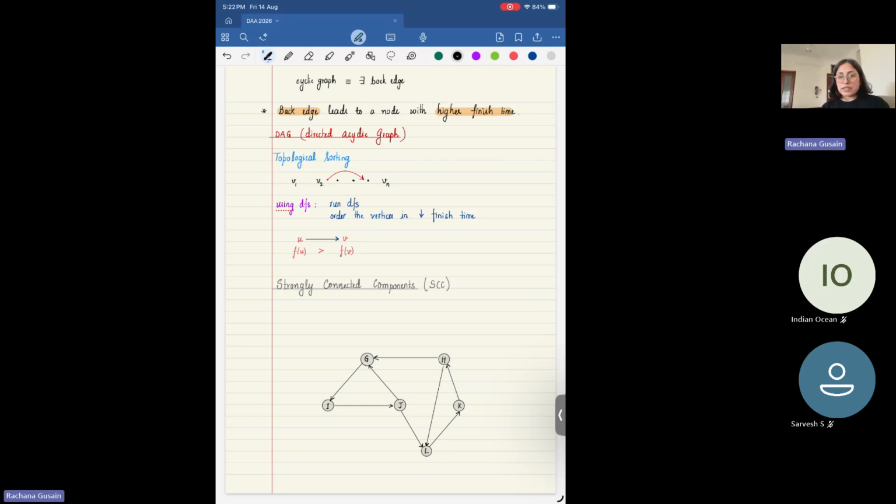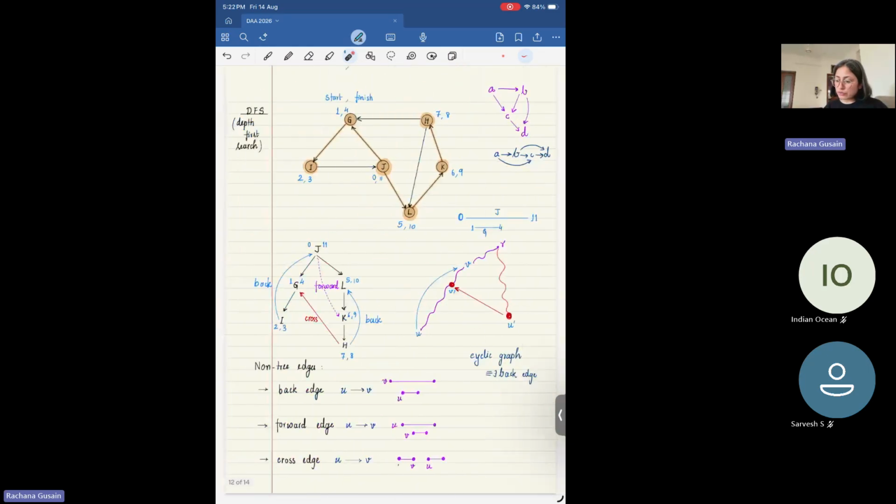So let me extend this graph. And one thing to note is that even with this graph that I have, when we did a DFS on it starting from J, I was able to reach every vertex in this graph. Now, what I mean by a graph being strongly connected.